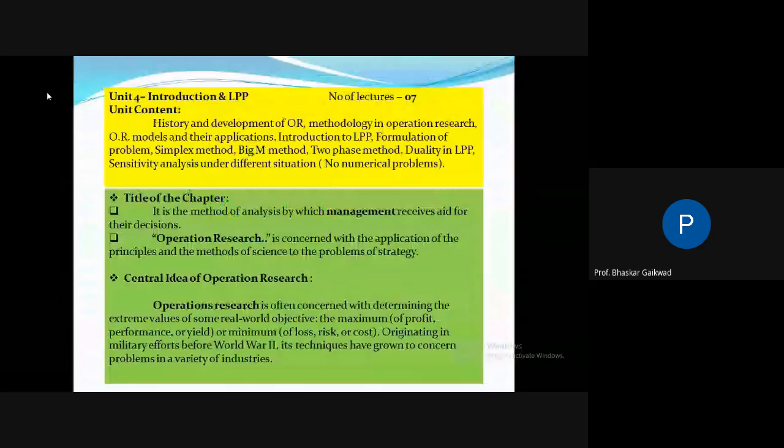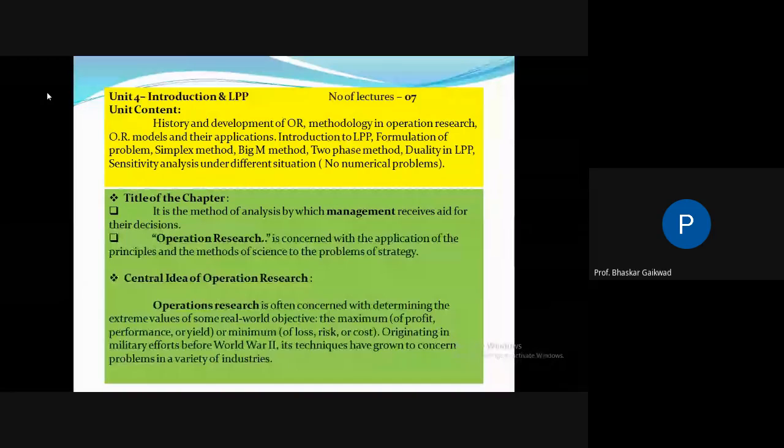Now as per our plan, the first point is the introduction to LPP, linear programming problems. This is the title of the chapter.